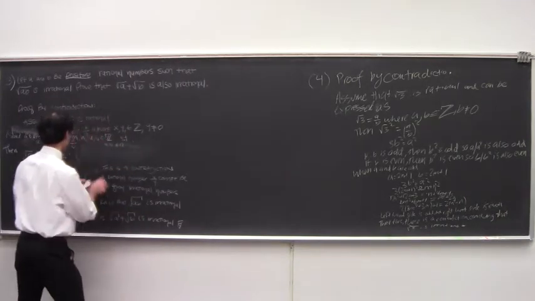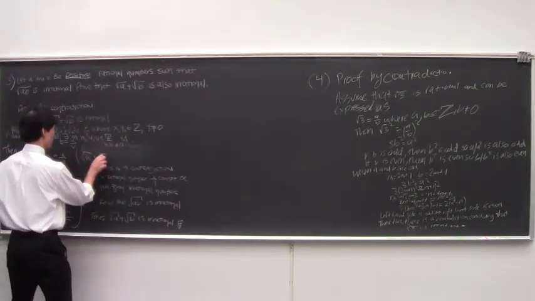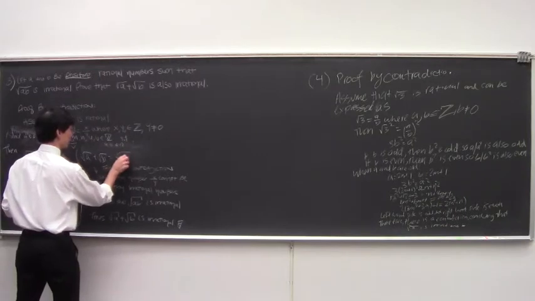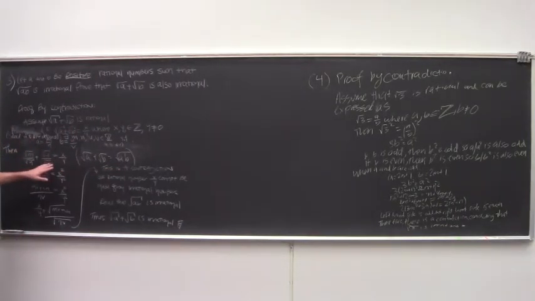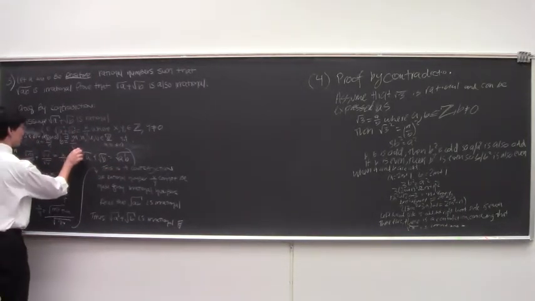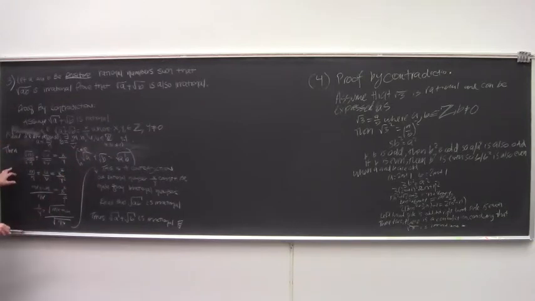What you're writing here is root a plus root b equals root ab, and that's the justification. But then you say this plus this equals that.